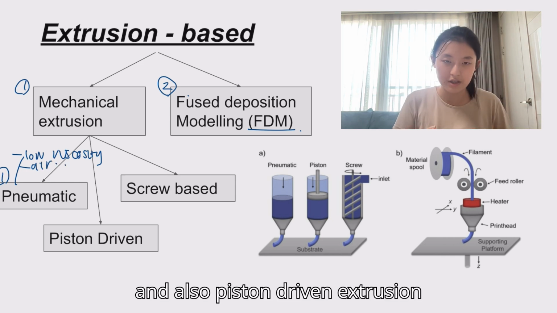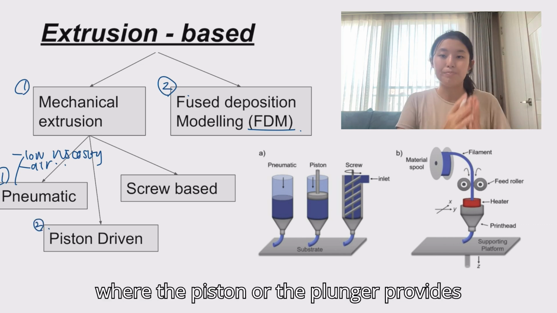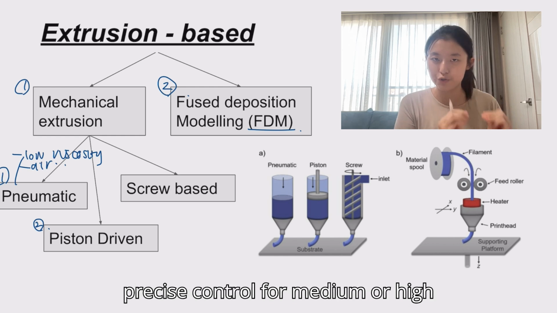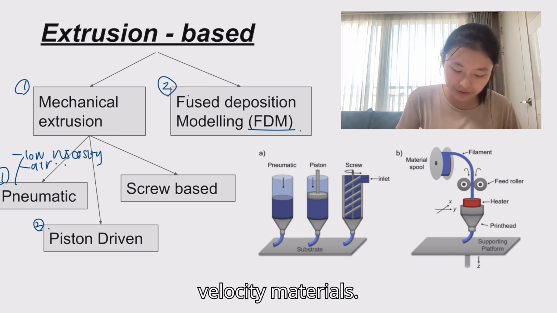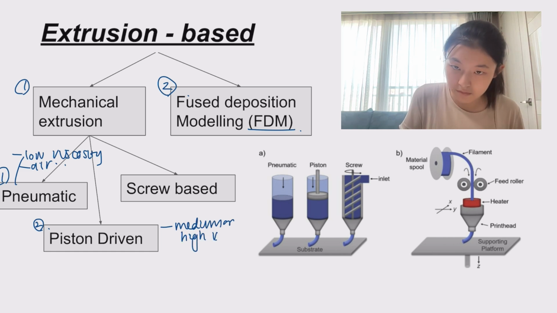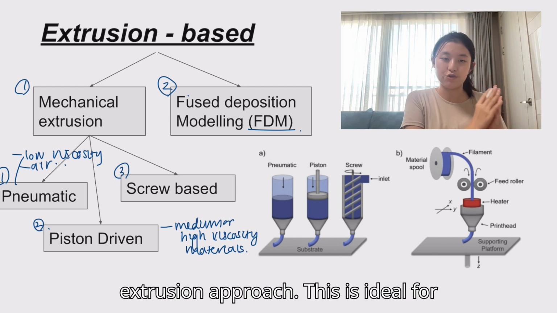And also piston-driven extrusion, where the piston or the plunger provides direct mechanical force, offering precise control for medium or high viscosity materials. And then finally, we have the screw-based extrusion approach.